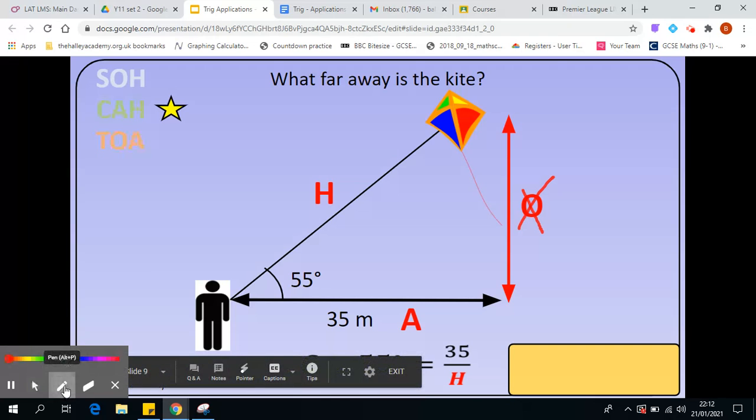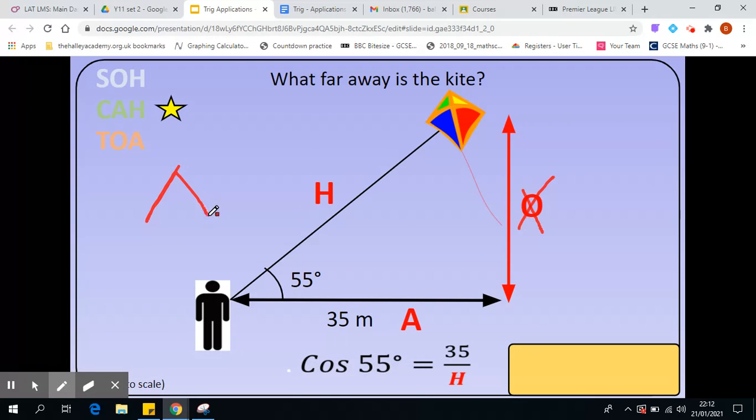Now, using the cos triangle, it should be C, A, and H. Now we need to find out the value of H, so I'm going to cross or cover it, which means that the hypotenuse is given by the formula adjacent divided by cos 55.